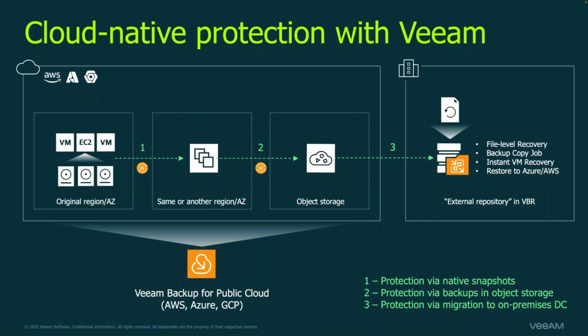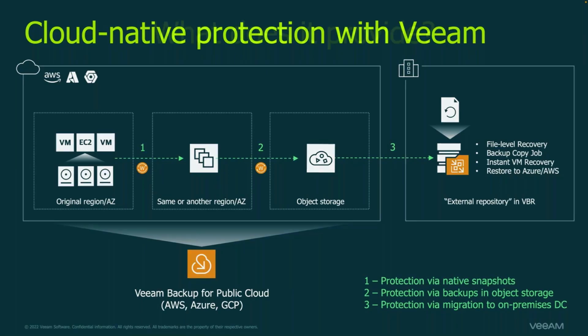On the third stage, you can integrate with our Veeam Backup and Replication product to provide file-level and instant VM recovery to on-prem, or likewise restore to another hyperscaler beyond AWS.